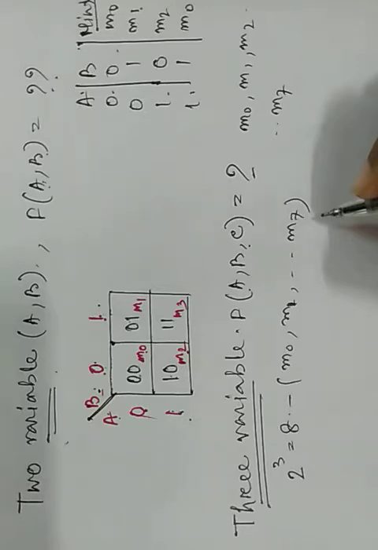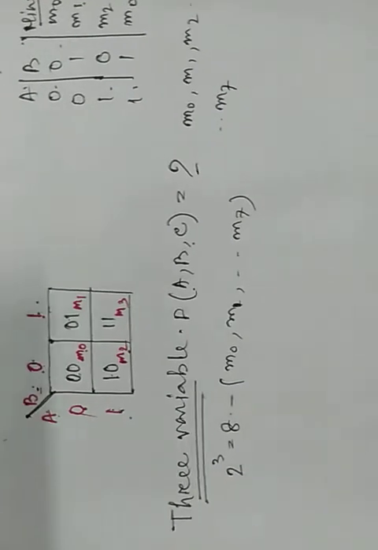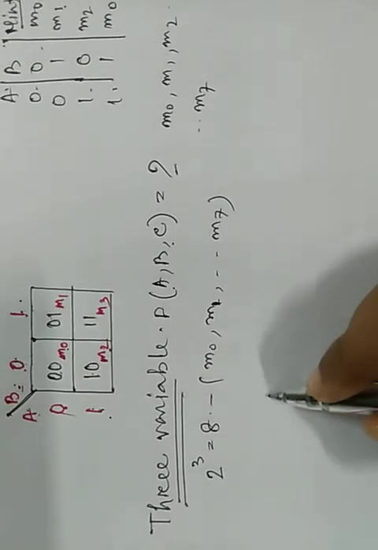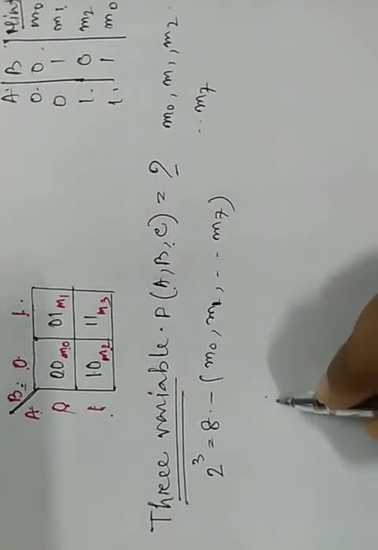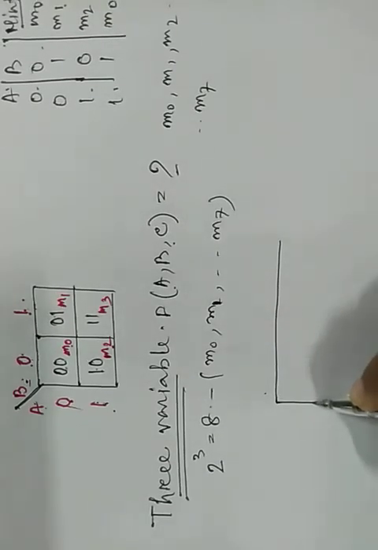The 3 variable minterm table I have explained in my previous video. So here I am writing the Karnaugh map table for 8 combinations.